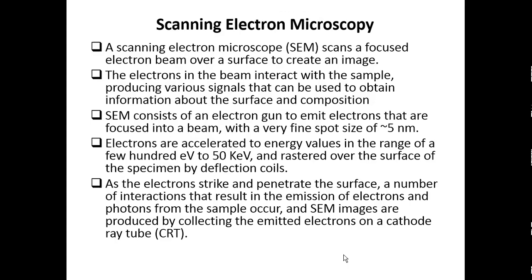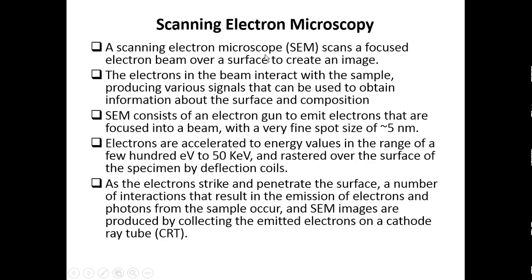Okay, the first electron microscope we have to discuss here is the scanning electron microscopy, SEM. A scanning electron microscope, that is SEM, scans a focused electron beam over a surface to create an image. Understand this one.